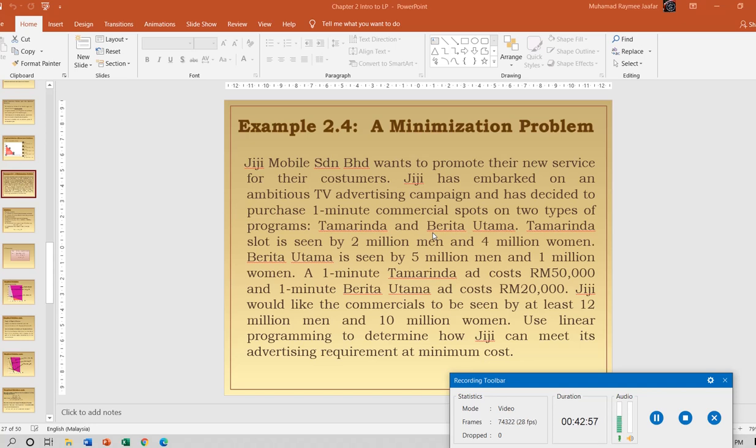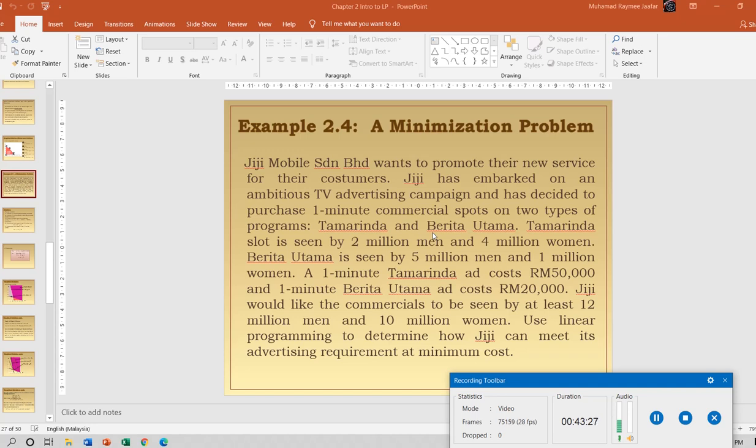Kalau dia maximizekan profit, dia come from the customer, maksudnya how many customers subscribe ataupun join the new service. Betul tak? Itu kalau kita fikir secara logik lah, profit datang daripada customer join the service tu. Okay, so itu daripada profit.